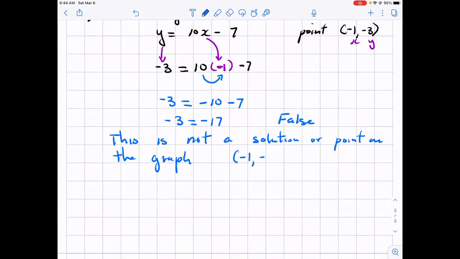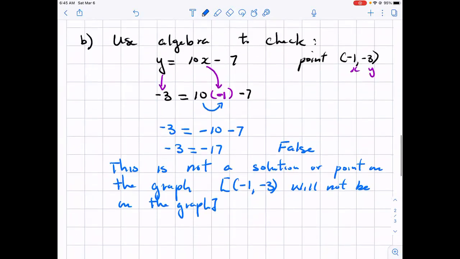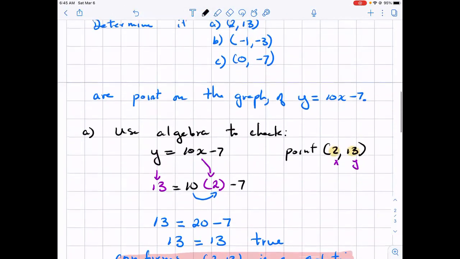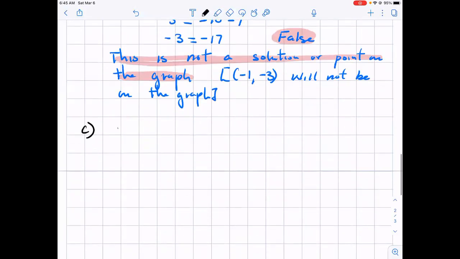So (-1, -3) will not be on the graph. That's what it's saying. This is not a solution on the graph. And let's try part C now. Part C, we'll do the same thing, so use algebra to check.